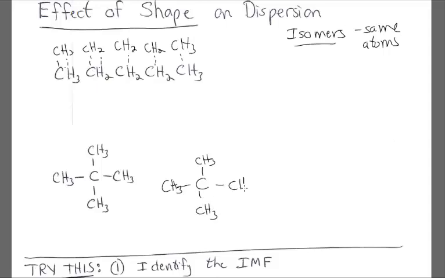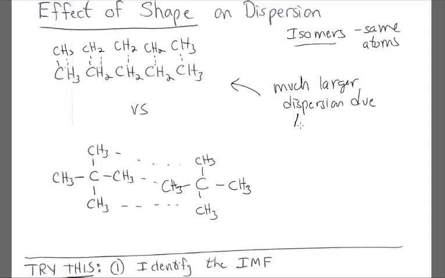So the shape forces them to be farther away, and the dispersion forces are going to be much less. So if you compare these two, this one has much larger dispersion due to its shape, which means it has stronger intermolecular forces. All right, so shape affects it.